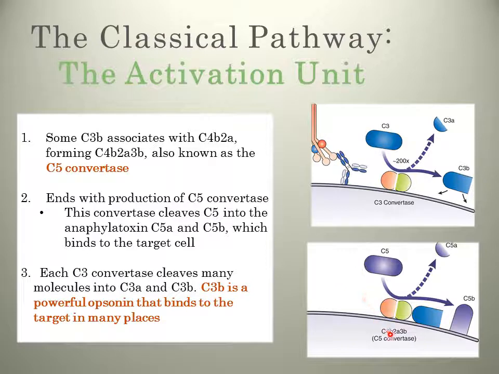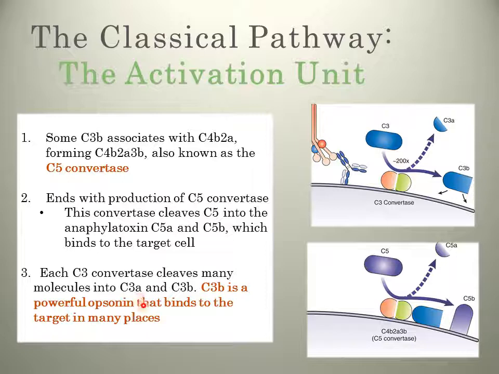So now we're down here, our C4b2a3b, also known as C5 convertase, attached to the cell wall. It works on C5 to split it into C5a and C5b, and C5b is sitting here on the cell membrane.